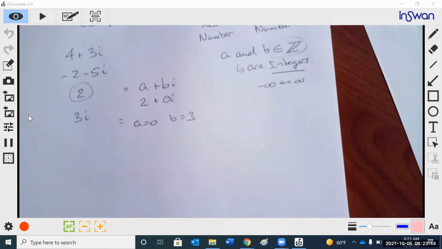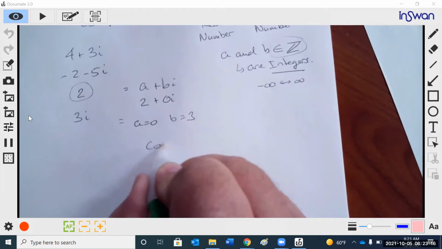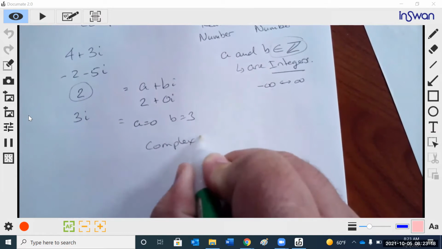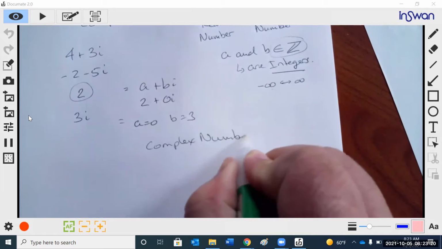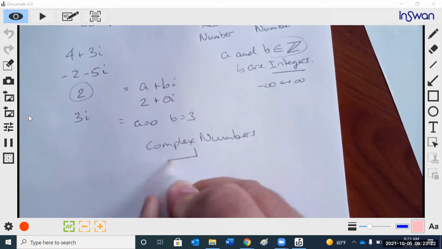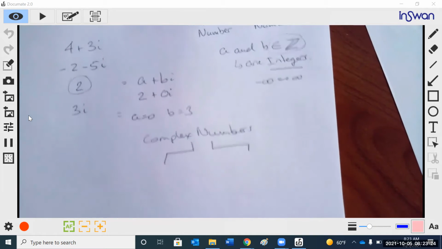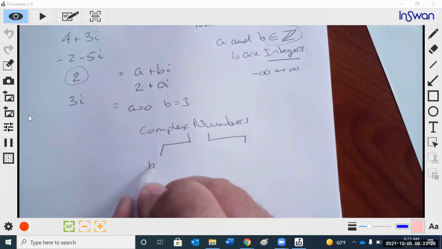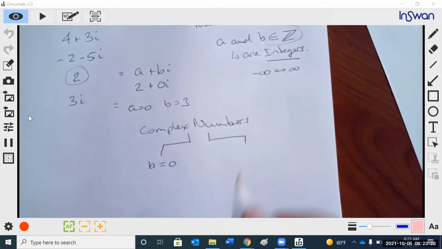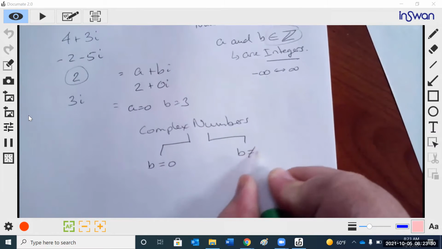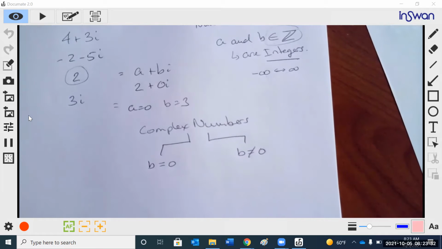So basically, when we look at complex numbers, we look at 2 possibilities here: if b equals 0 and if b does not equal 0. Remember, b is the imaginary coefficient.